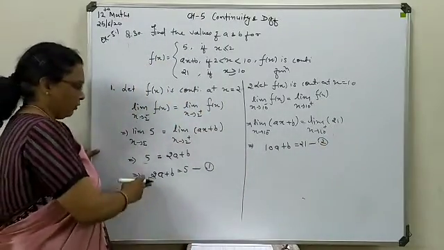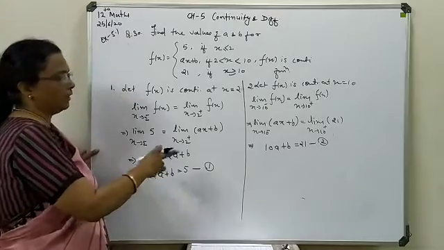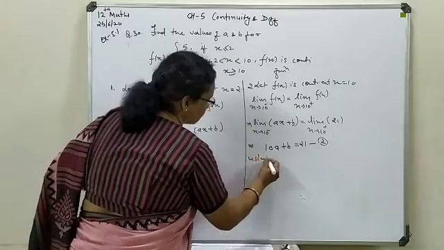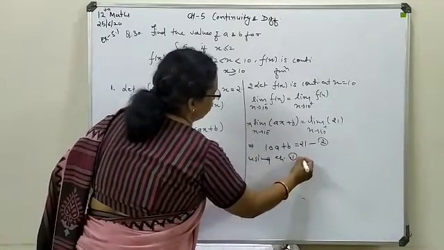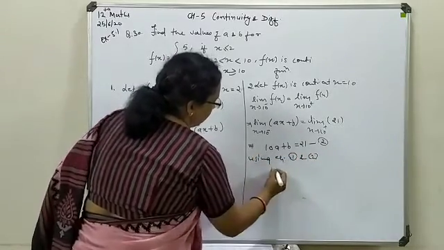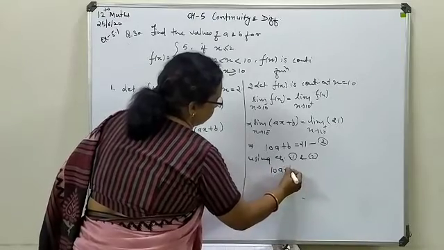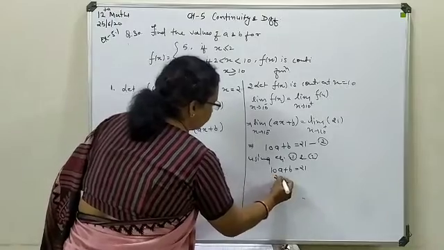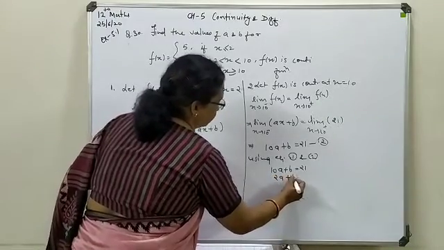Now we have to solve equation 1 and equation 2. Using equation 1 and 2, a is carrying the greater quantity here, so we are going to write that first, and under that we keep the first one.